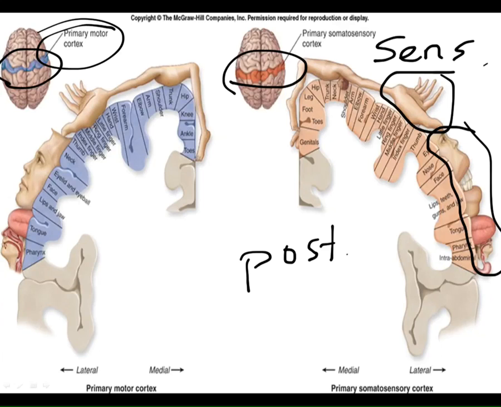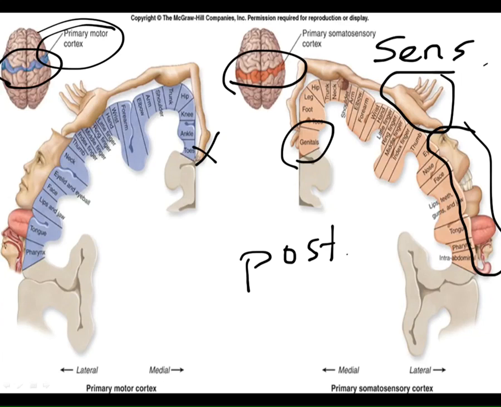The only difference is that on the sensory side, you've got the genitals, and there's no genitals on the motor side. Other than that, it's kind of a mirror image. The parts of our body that have more motor control also happen to be the areas of our body that have more sensory sensation, right? More sensations. So on the left, what do we have?